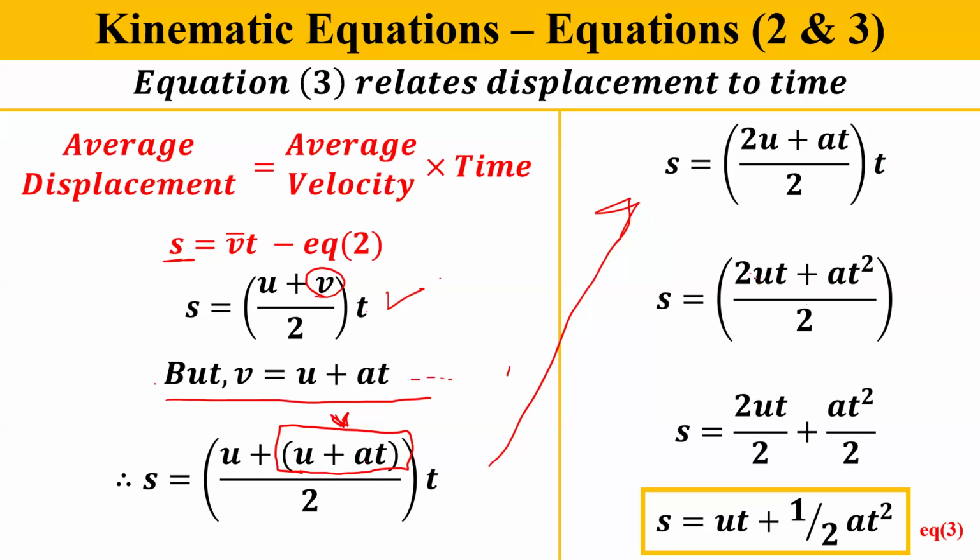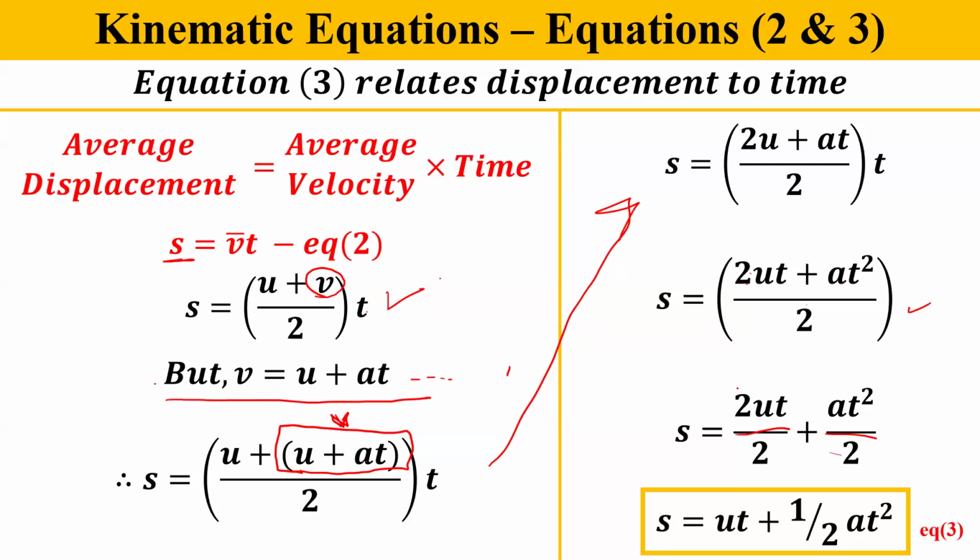But now you know that this can further be simplified by dividing each of the quantities up top by 2. So when you divide, this now equals 2UT upon 2, and you break it up in this form.